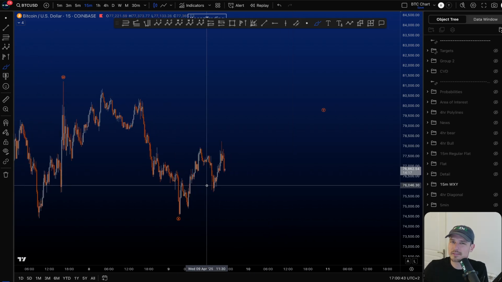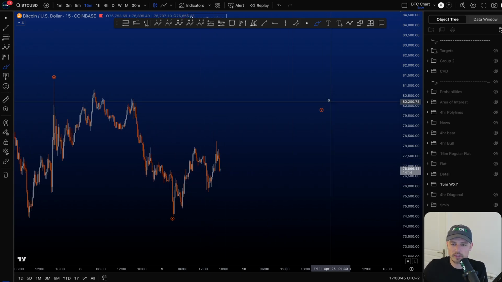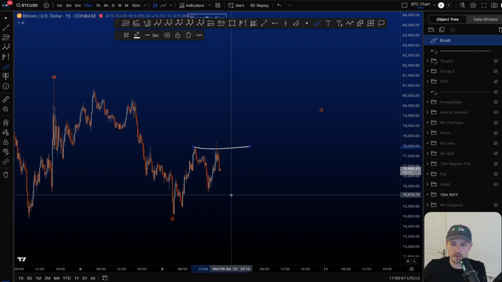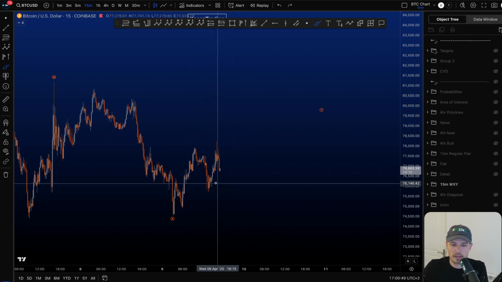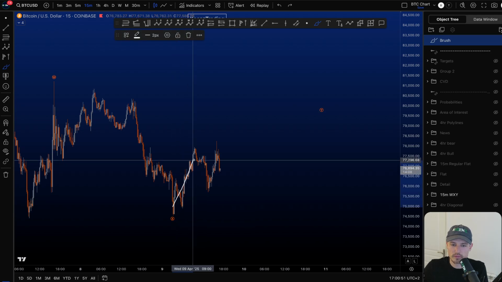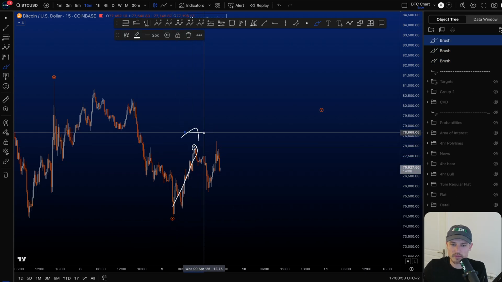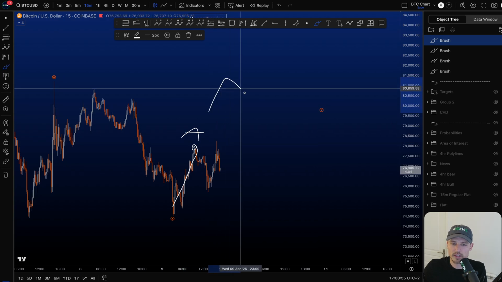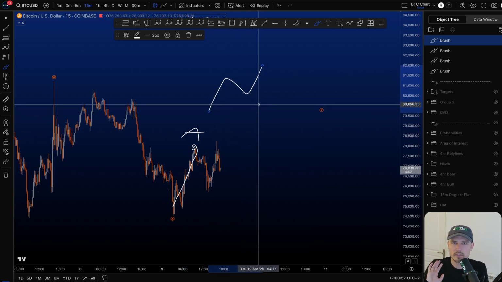Now a triangle here doesn't actually work anymore inside wave Y because of this wick, okay? Because a triangle preferably ends with wave A here, wave A being a simple zigzag 5-3-5. It is incredibly rare to have a wave A that is a double or triple zigzag.